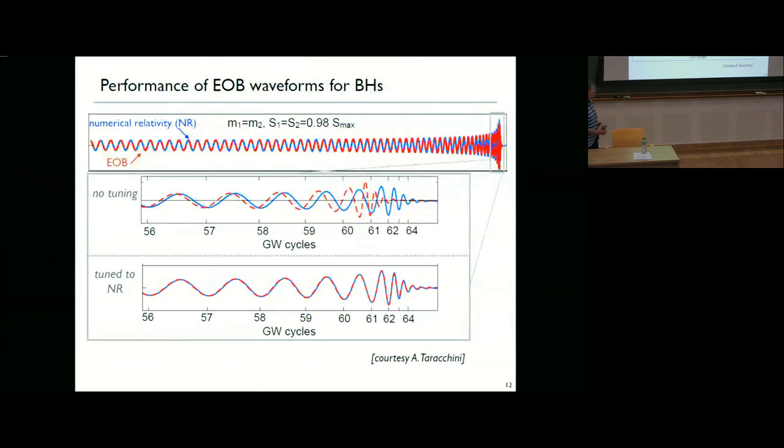You have to make sure you're changing only this last part, because early on the model is great. So yeah, it requires a bit of playing around.